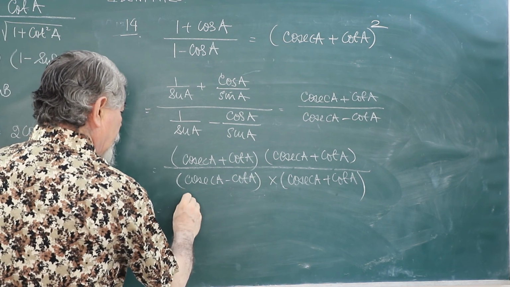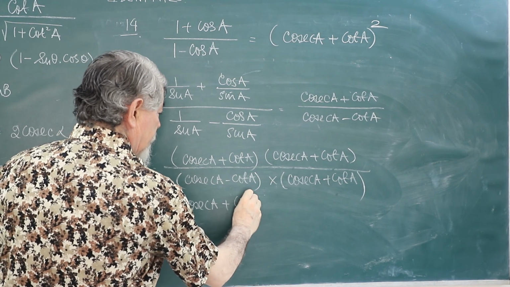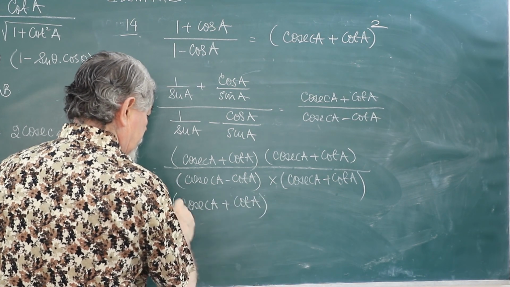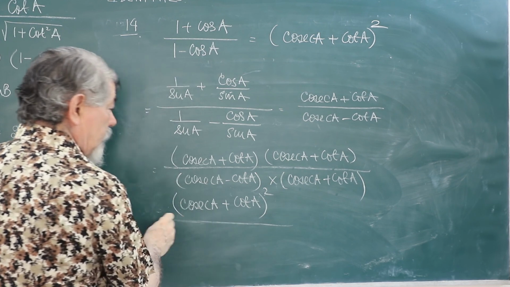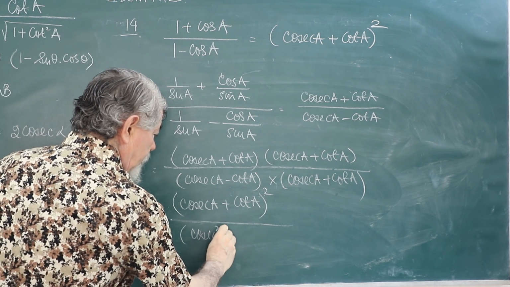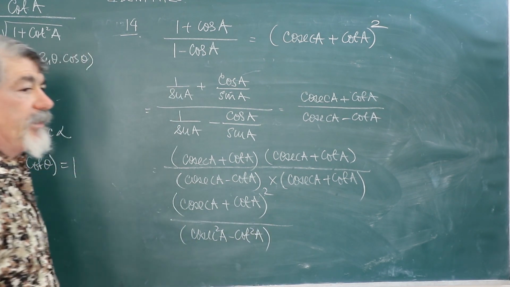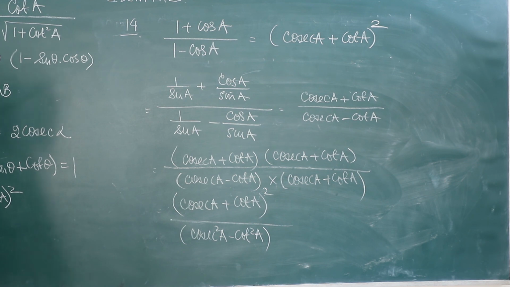So it will become cosec A plus cot A whole square, which you wanted as the answer, upon cosec square A minus cot square A. Why? A plus B into A minus B is A square minus B square.